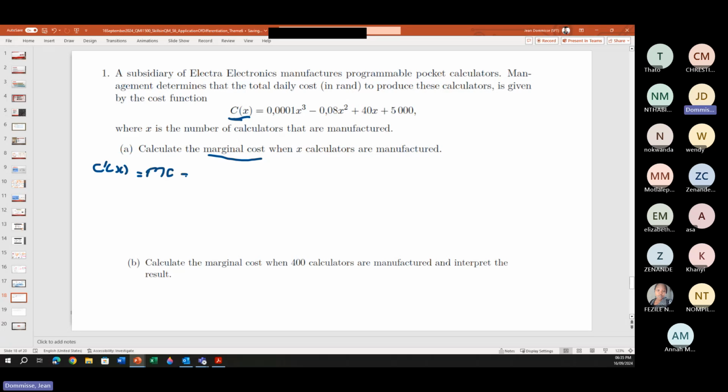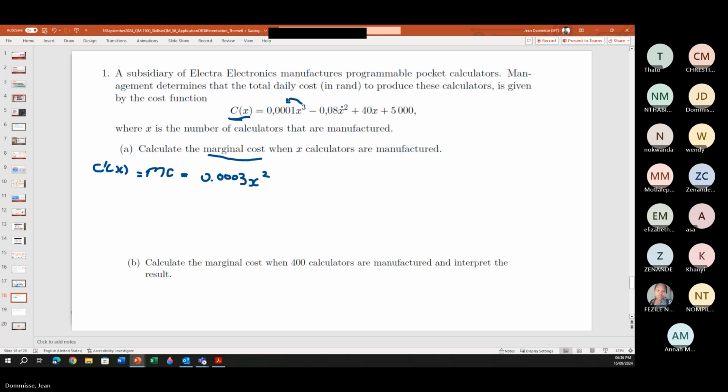So let's work out that first derivative. The 3 times 0.0001, that is 3 zeros, and then times 3, x to the power of 2.